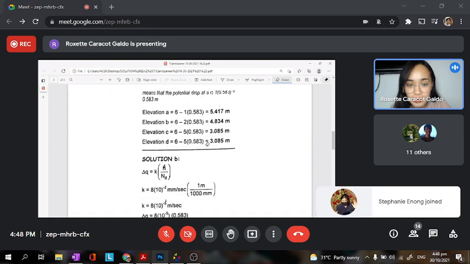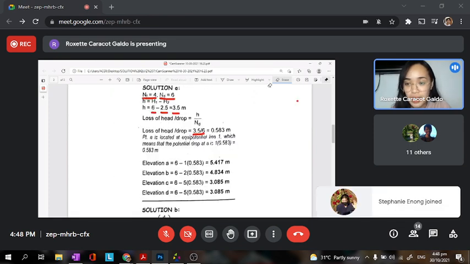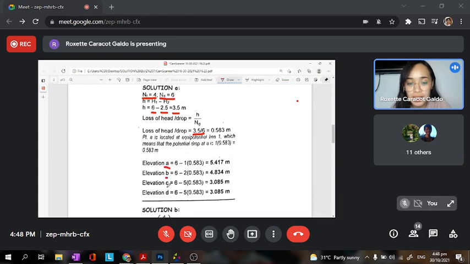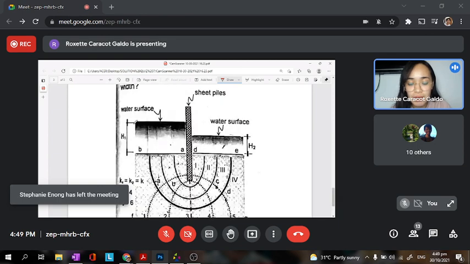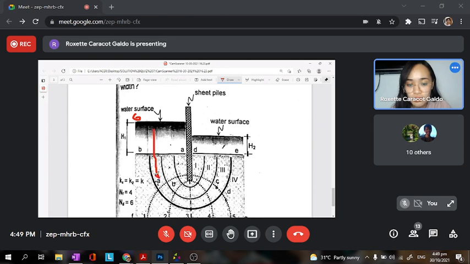Alright. So karon mag-consider na ta ato mag-ihap-ihap, at elevations A, B, C, and D. So basically, ang pressure head diri nga point is 6 man, di ba? 6 because H1 is 6. So if our water will flow this direction, at point A, mabot siya point A kay bali. So pila na lang ang iyahang pressure.